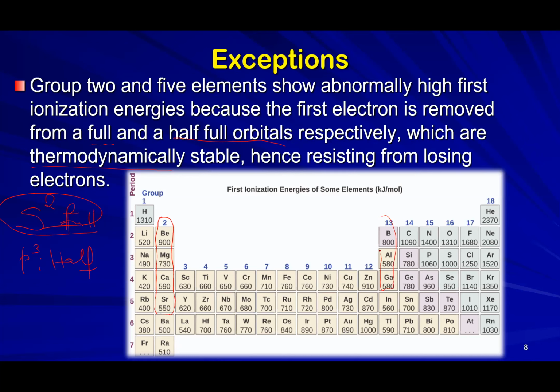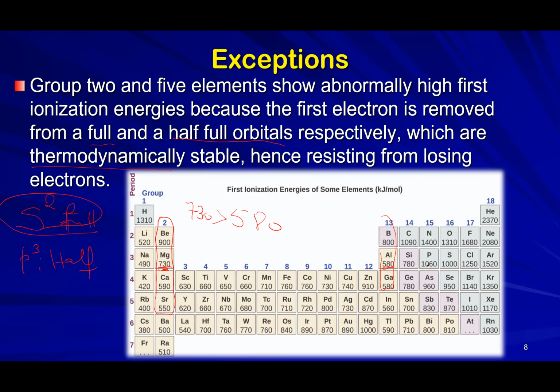You can see, for example, on aluminium, we have 580 kilojoules per mole. But for magnesium, we have 730. So for magnesium, it is greater than aluminium. And that is the reason why we say there is a general increase, but we also have some exceptions for group 2 and group 5.